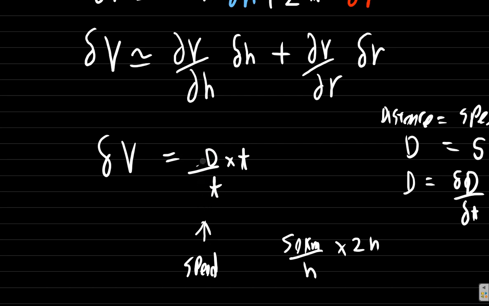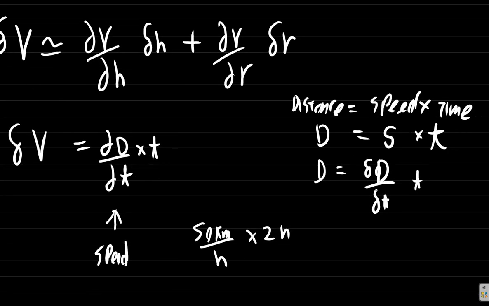So here, I want to use the partial derivative delta, right? Delta d by delta t, right? Distance is d. I think I'd prefer to use the lowercase d, since everything else is lowercase.